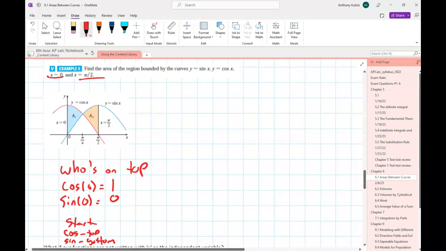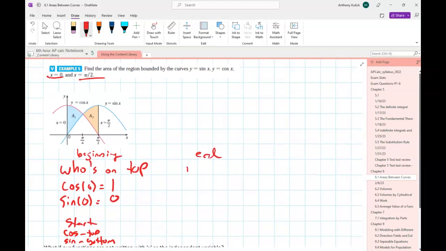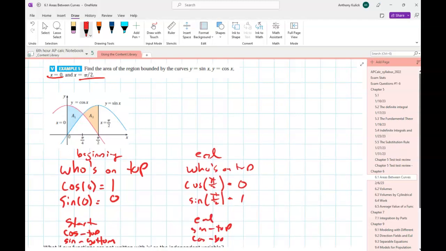Let's see what's going on at the end. Cosine of pi over 2 is 0, and sine of pi over 2 is 1. So at the end, sine is on top, and cosine is on bottom. So at some point they switched, right?